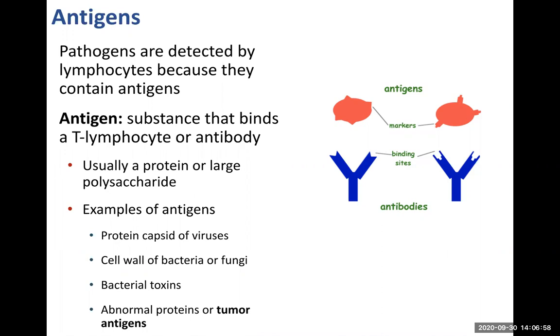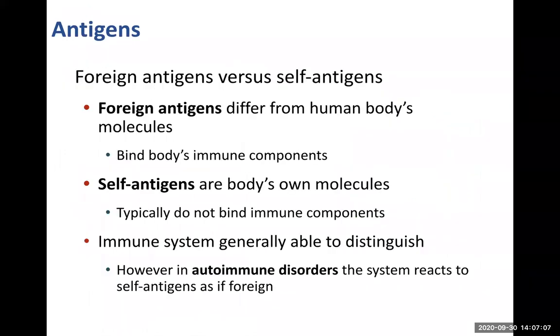Antigens are typically proteins or large polysaccharides, and what makes something antigenic is the degree of foreignness and the size. Being antigenic implies that it's a protein or a polysaccharide involved with the immune response.